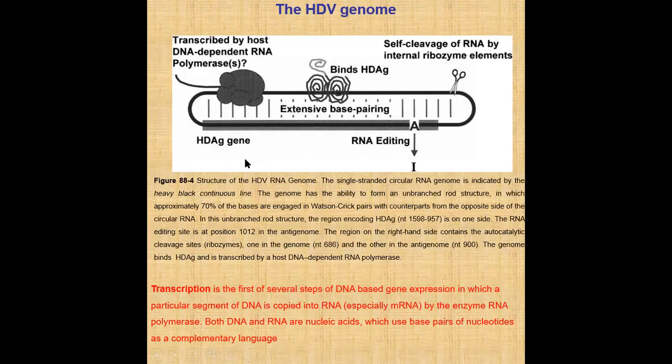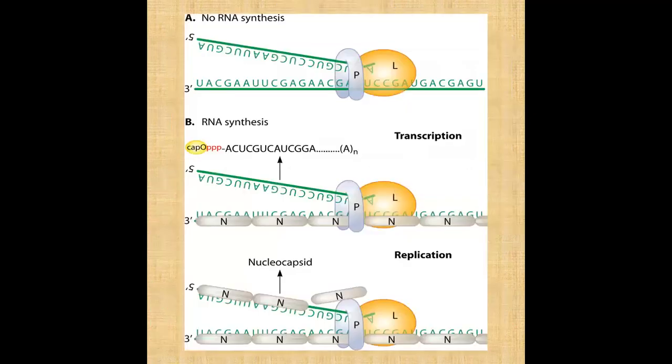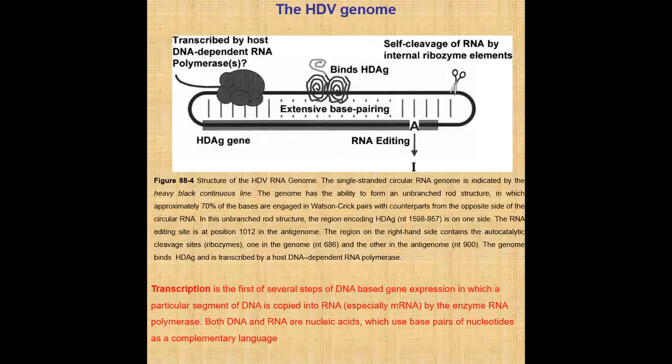So transcription is phase one, where the several steps of gene expression are based on DNA, in which a particular segment of the DNA is copied. Here the DNA material is copied into RNA, where the synthesis of the protein is carried out by the messenger RNA by the enzyme RNA polymerase.